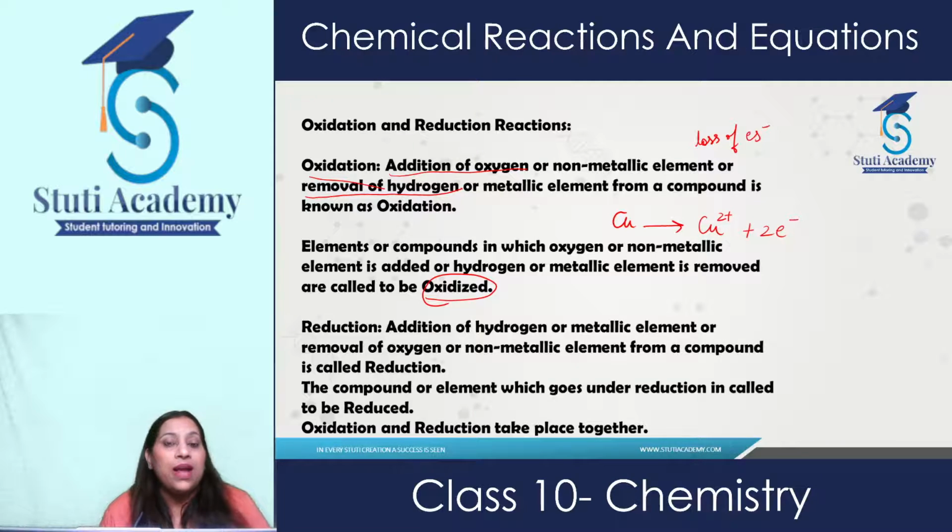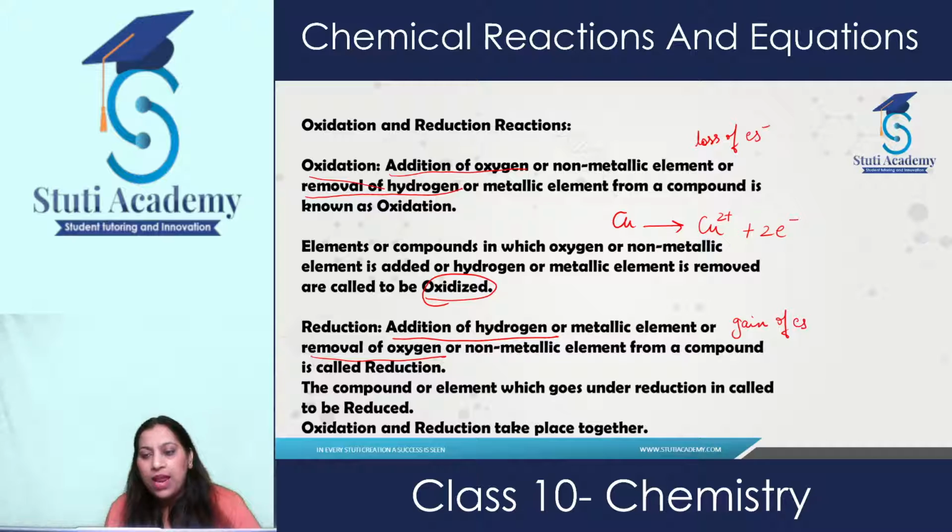Next is reduction reaction. As I told you, reduction reaction is just opposite to that of the oxidation. Here, addition of hydrogen takes place, removal of oxygen takes place, or gain of electrons takes place. So this is a reduction reaction. And the example is chlorine.